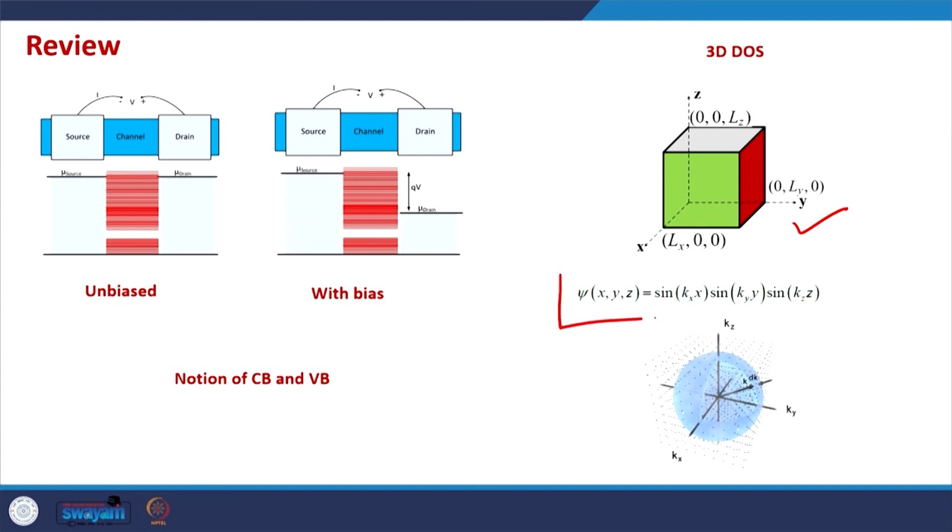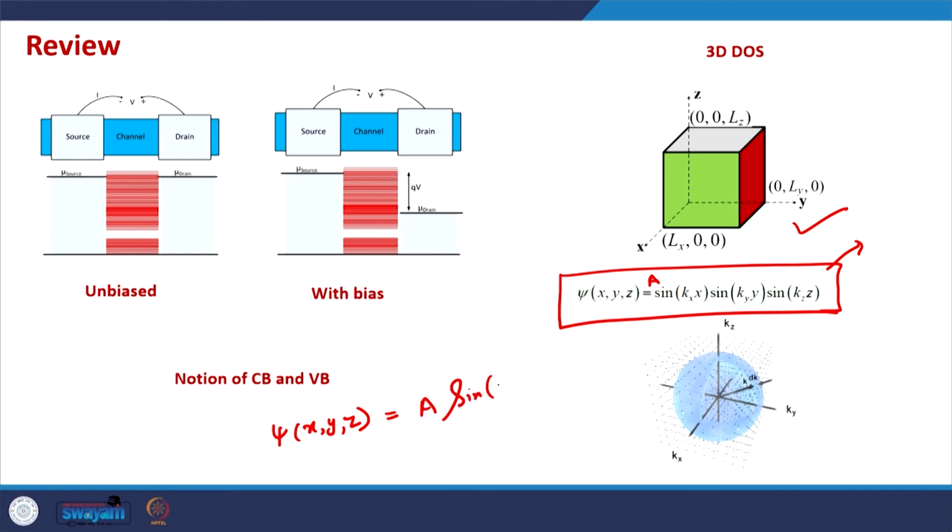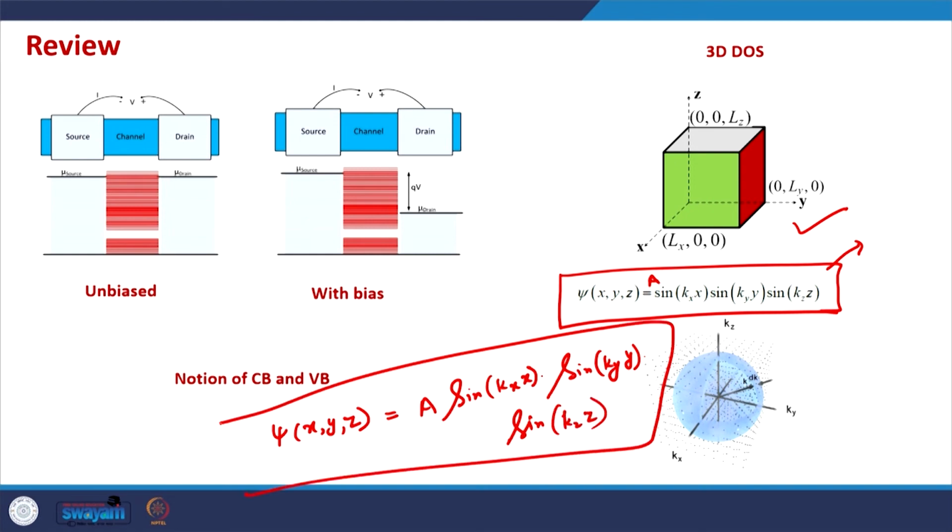And from the generalization of the solution of particle in a box situation, the electronic wave function psi(x, y, z) can now be written as a constant times sin kx x into sin ky y into sin kz z. Here there are certain underlying assumptions.